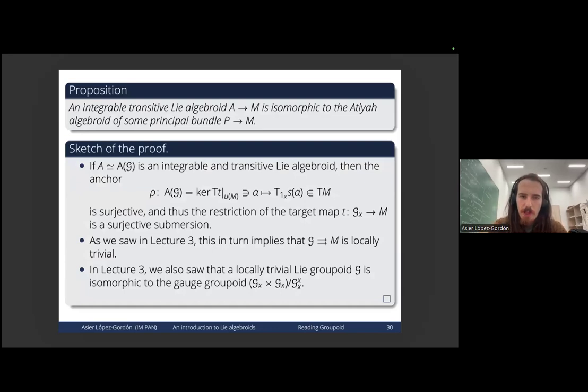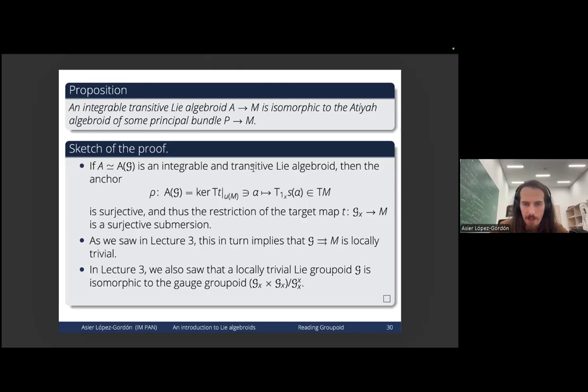Another observation related with this is that an integrable and transitive Lie algebroid is isomorphic to the Atiyah algebroid of some principal bundle over the same base space M. To prove this, let me recall that in the third lecture, Ruben showed several important results concerning the gauge groupoid and locally trivial groupoids.